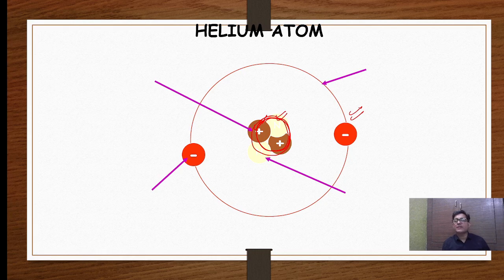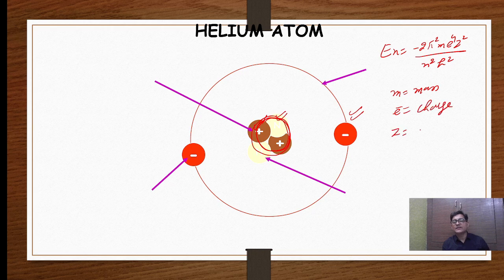This energy can be represented by En = -2π²me⁴Z²/n²h², where m is the mass of the electron, e is the charge, Z is the atomic number, n is the number of the shell whose energy we are interested in finding, and h is Planck's constant.